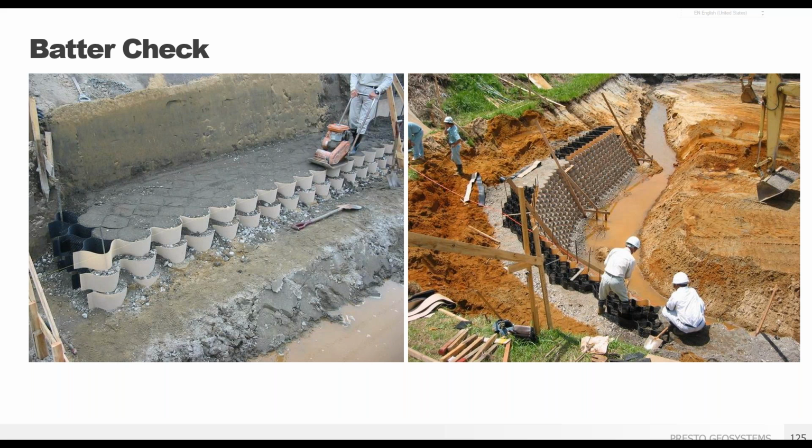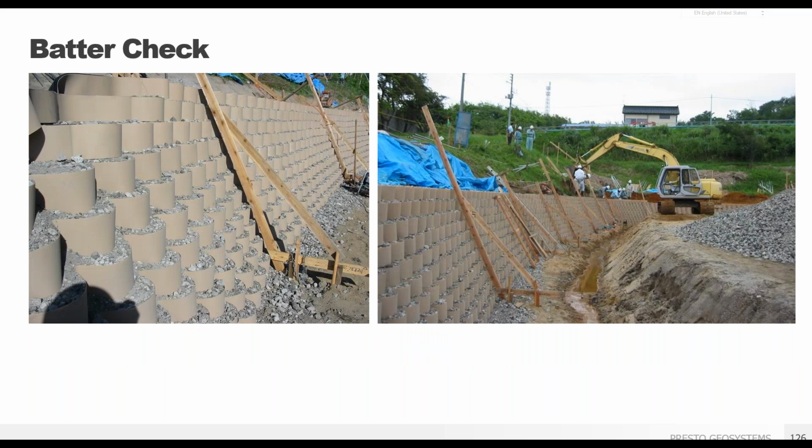Notice the cell alignment vertically from one lift to the next in the curved area in the photo on the right, and how the batter checkboards help keep consistency. Batter checks are a good pro tip to build beautiful, long-lasting GeoWeb retaining walls.